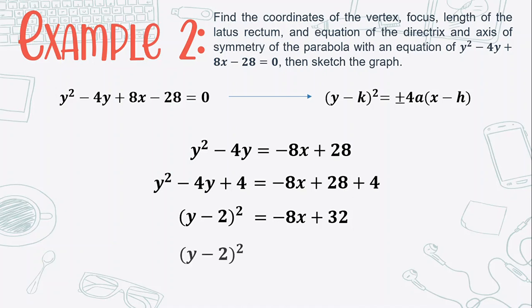So we will have y minus 2 squared is equal to, the common factor of negative 8 and 32 is negative 8, therefore negative 8 times x minus 4. Now, our equation is in its standard form. We can now determine all the parts of our parabola.